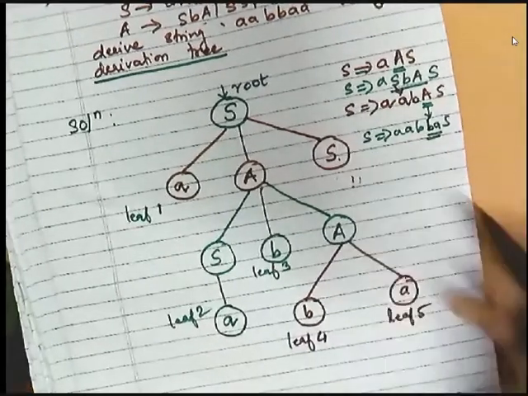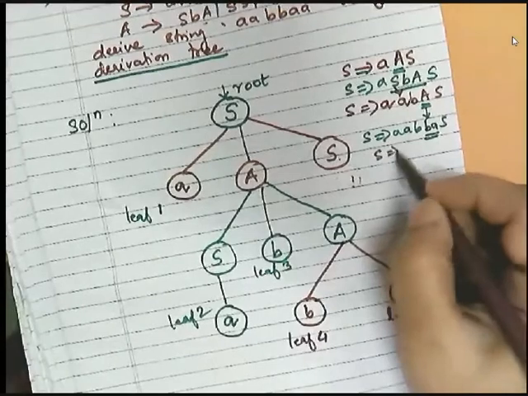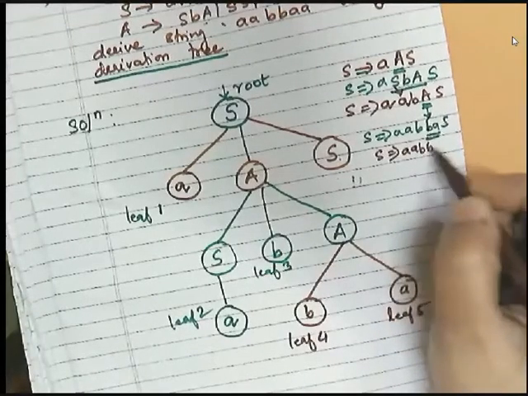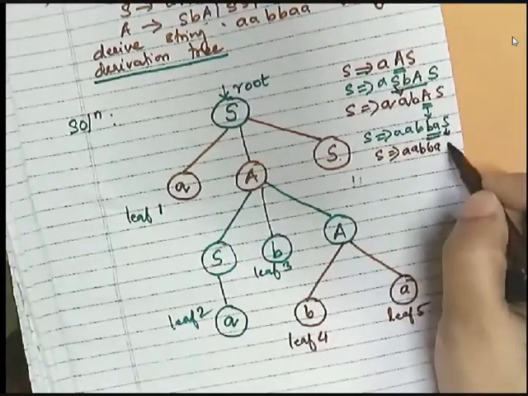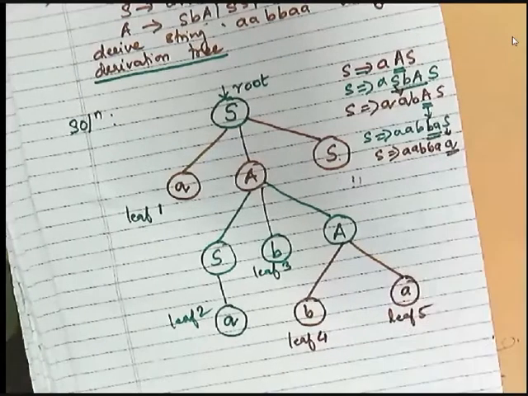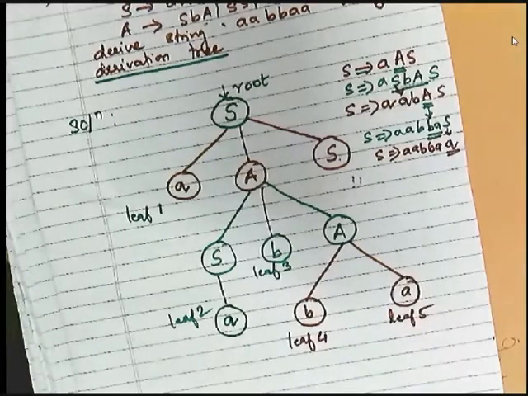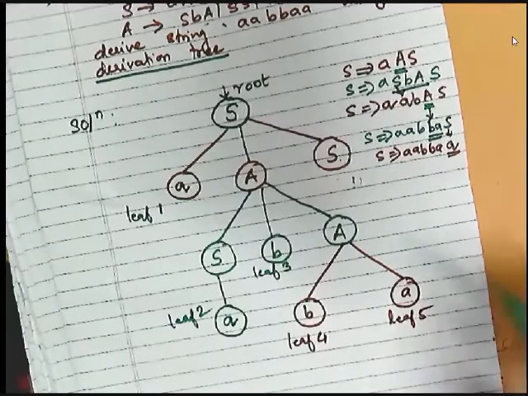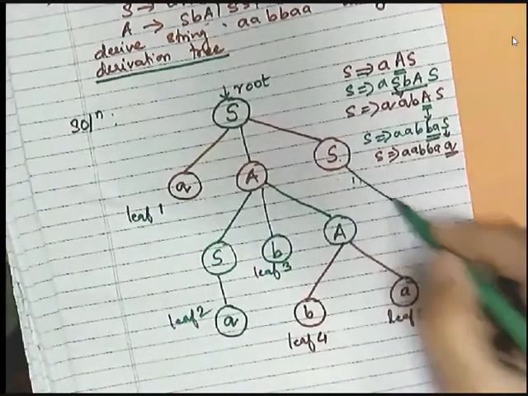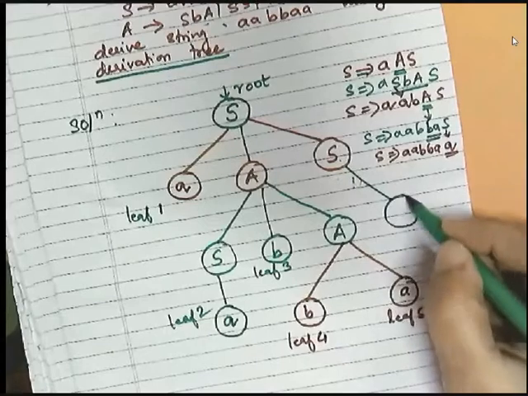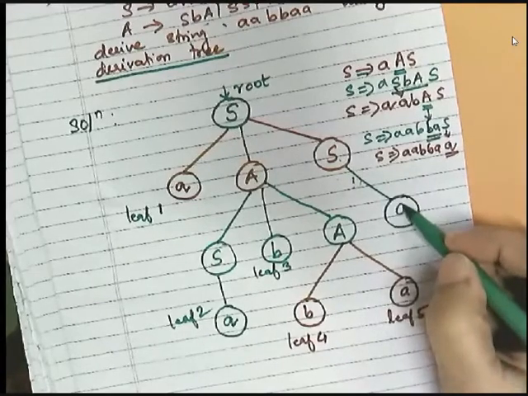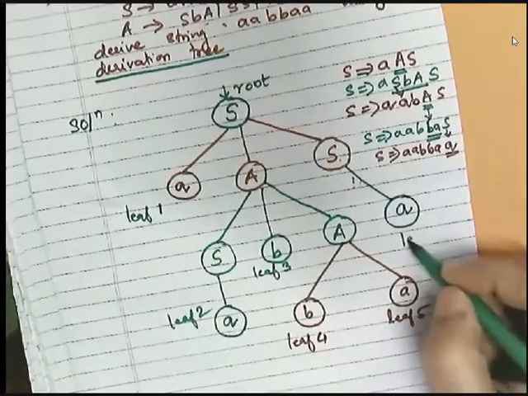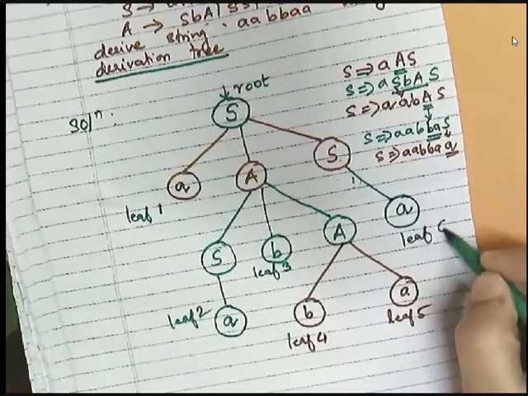Now, in the next and last step, we have replaced this S with A, which is going to derive our total string. So in the next label, we have a derivation as A. So this is acting as leaf 6.